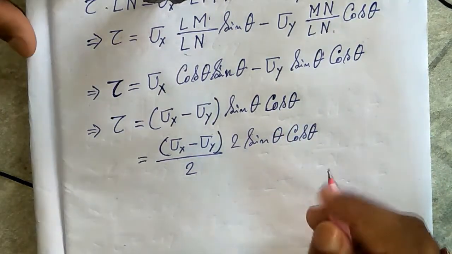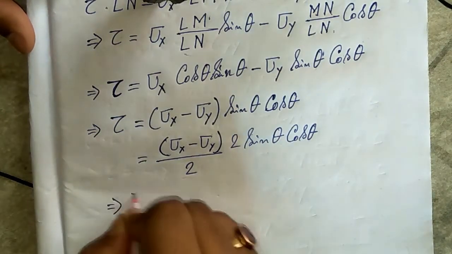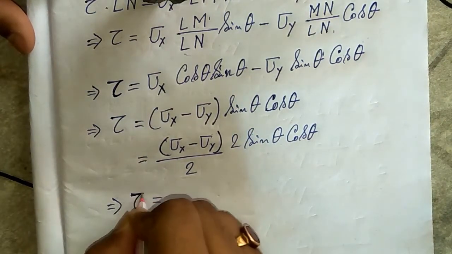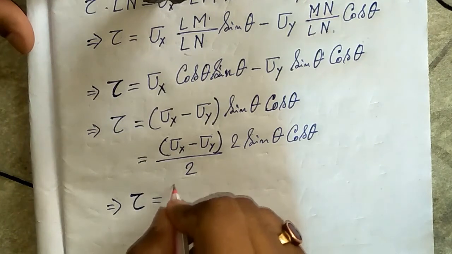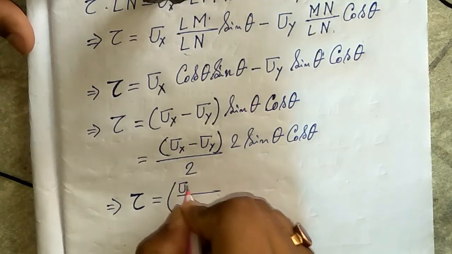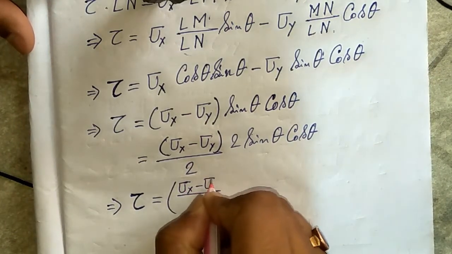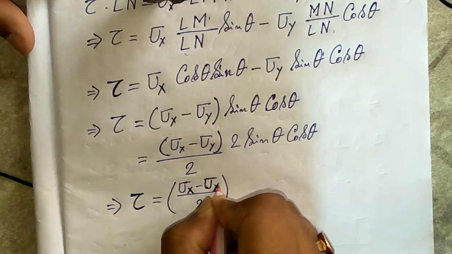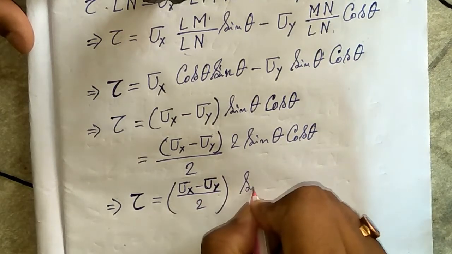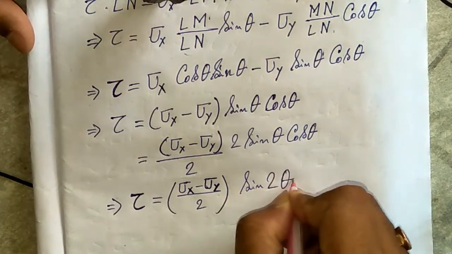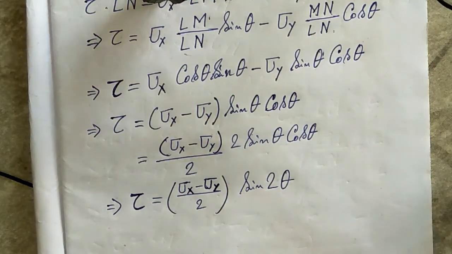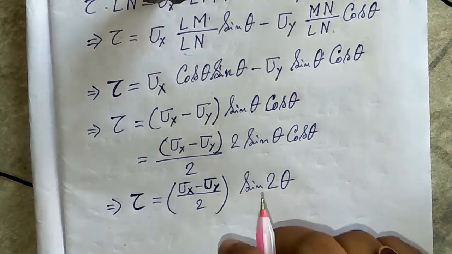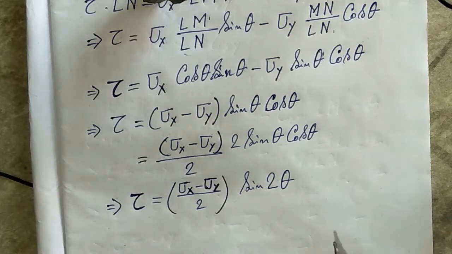So tau equals sigma x minus sigma y by 2 into sin 2 theta. This is the expression of the shear stress along the Ln plane.